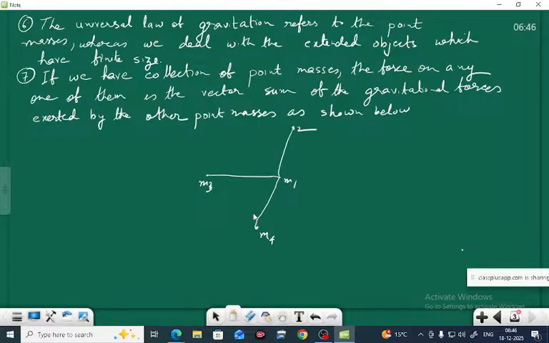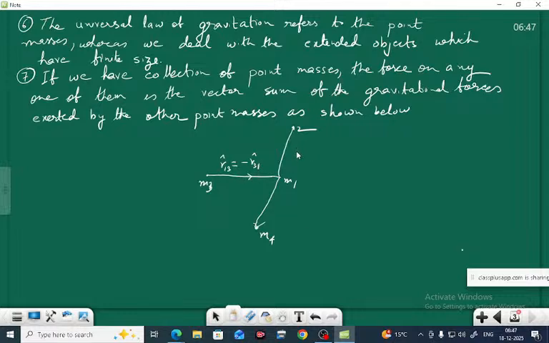The total force on M1, you can write here as R vector. This is the direction. So you can write here that the R unit vector 1 to 3 can be written as minus R unit vector 3 on 1, right?